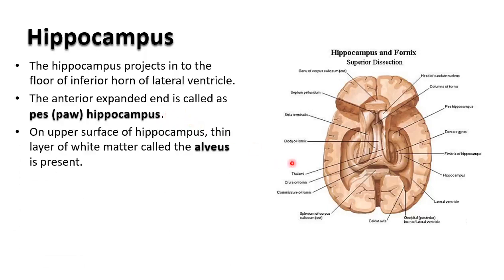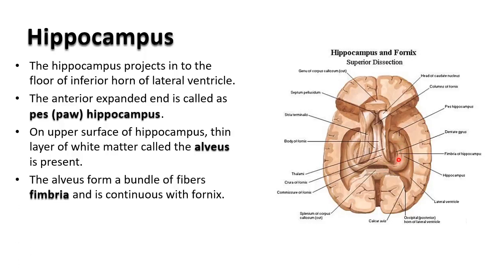On the upper surface of the hippocampus, you are able to see a thin sheet of white matter called the alveus. That continues as the fimbriae. So the alveus forms a bundle called the fimbriae, and the fimbriae is continuous as the fornix. So you are able to see the fornix, which will form the roof.